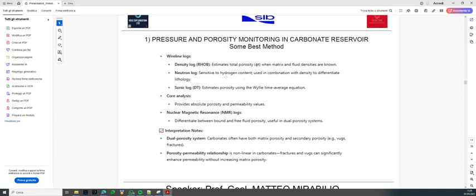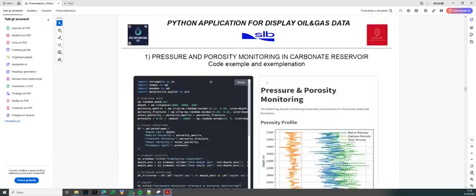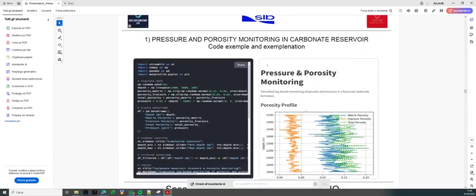That is a new challenge in geological exploration. And I show you the code and how to make the interpretation and how it can be used in monitoring a carbonate reservoir.